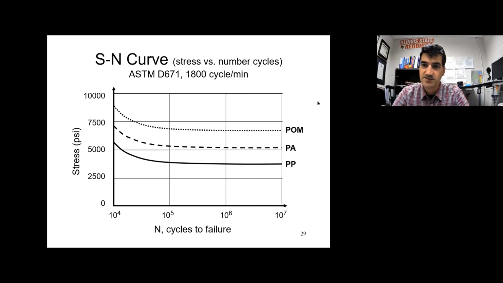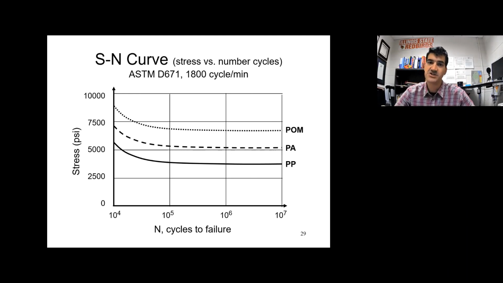One way you could do this is by saying, all right, I've got this part in my engine, and I've designed it such that I know it's going to have a stress of, I don't know, let's use an example from this chart. This is for plastics, but let's just pretend for a minute that this is applicable to a part in my engine, and I'm going to apply a stress of 5,000 psi.